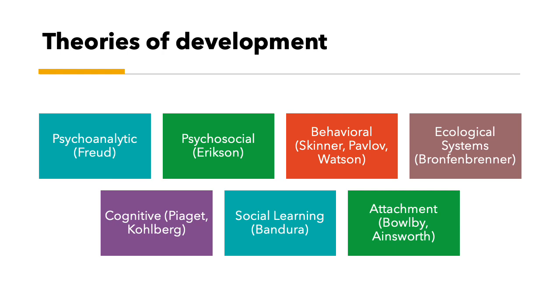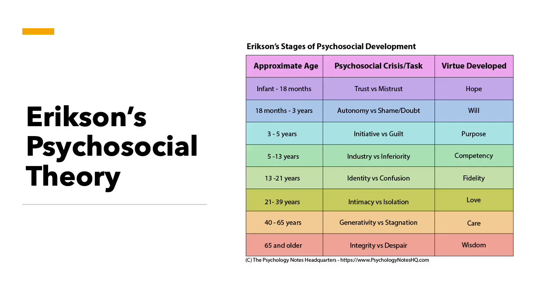So these theories include the psychoanalytic ones, such as those of Sigmund Freud, psychosocial, such as that of Erik Erikson, the behavioral theories, such as those of Skinner, Pavlov, and Watson, the ecological systems theory of Bronfenbrenner, cognitive theories of Piaget and Kohlberg, social learning theory of Albert Bandura, and some of the attachment theories of Bowlby and Ainsworth.